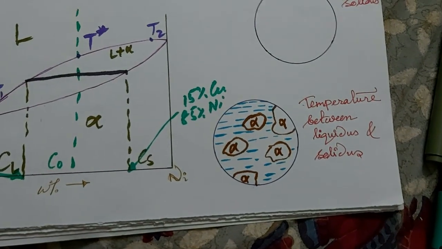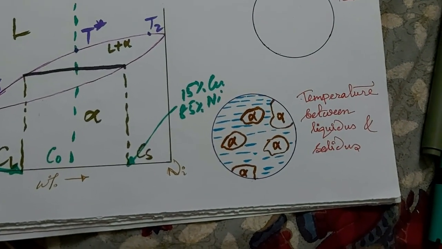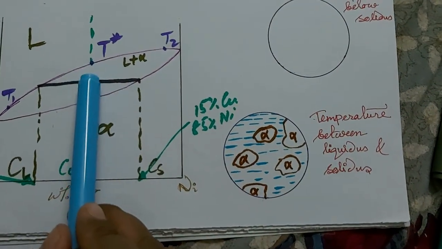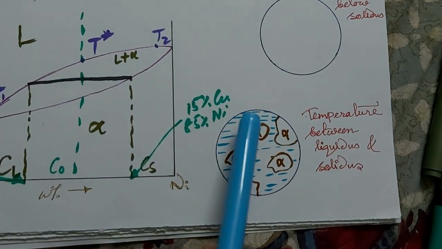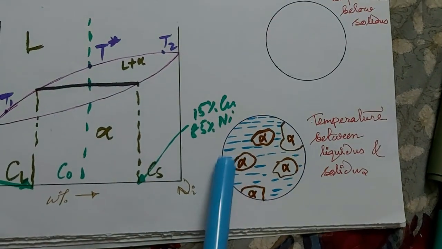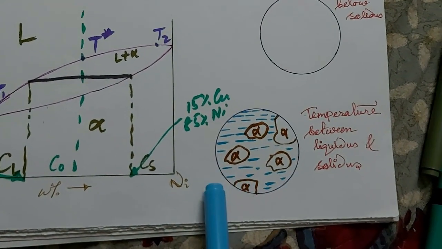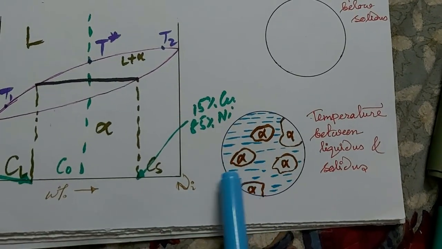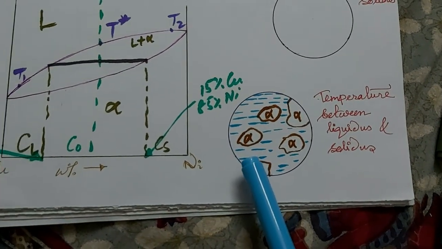Here you can see in the microstructure at this point we are getting this type of microstructure, which consists of liquid phase as well as alpha phase, where alpha phase means solid phase.